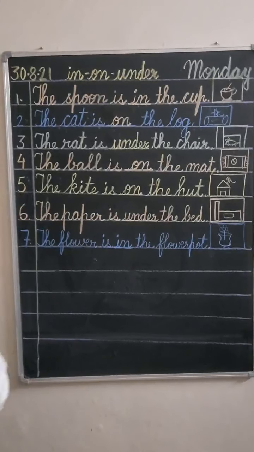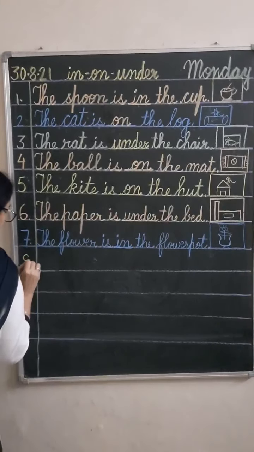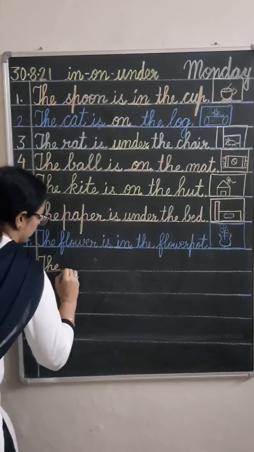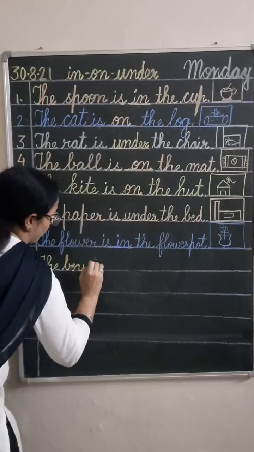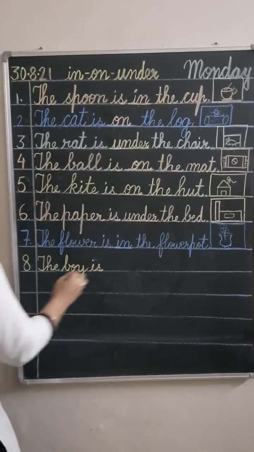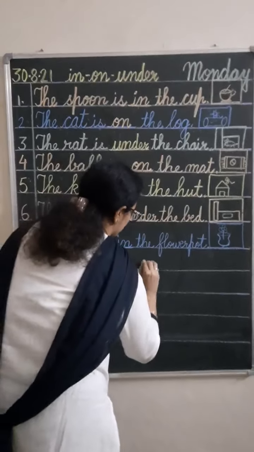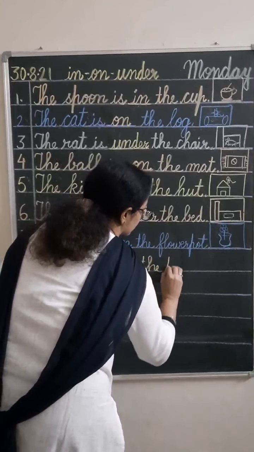Okay. Then next, number 8 sentence is, okay, the boy, capital T, small h, small e. The boy, B-O-Y, boy, I-S is, the boy is, leave a blank, the boy is dash the, T-H-E, the tree.